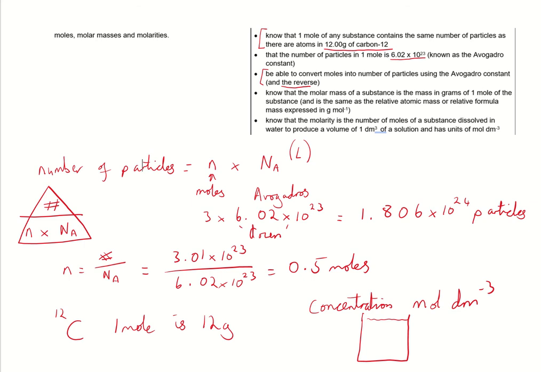If we say 5 moles per decimeter cubed, that means I've got 5 moles. Bear in mind, I'm just avoiding drawing all the particles, so we'll say each of these are 1 mole. 5 moles floating around in that 1 decimeter cubed.